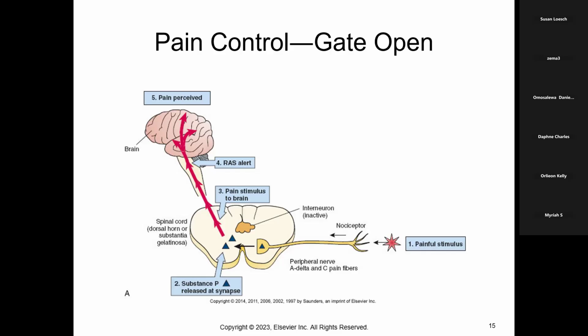Chronic and slow. So you have this painful stimuli, it's released, that activates the substance P to be released. That substance P sends pain up to the brain. As the pain signal's going up, your reticular activating system is alerted, and then the pain goes up to that cerebral cortex, okay, where it's sensed.